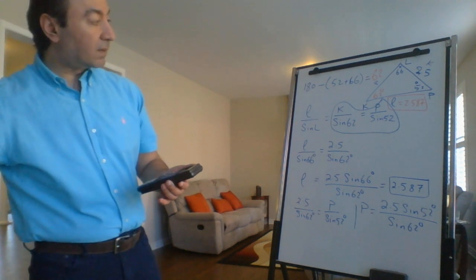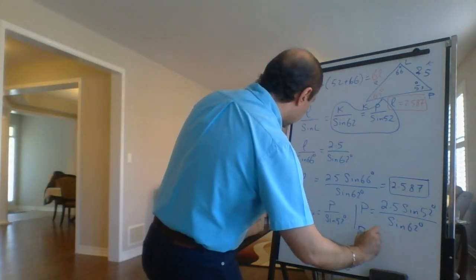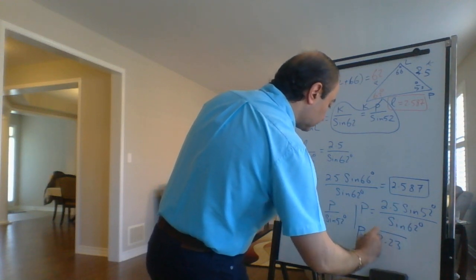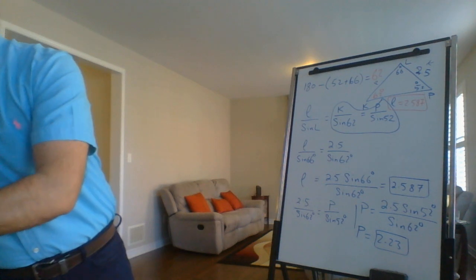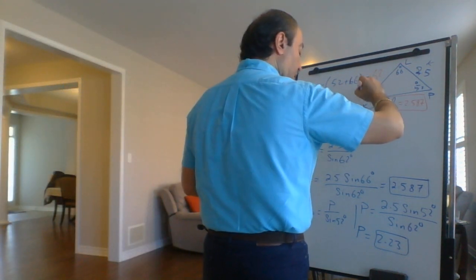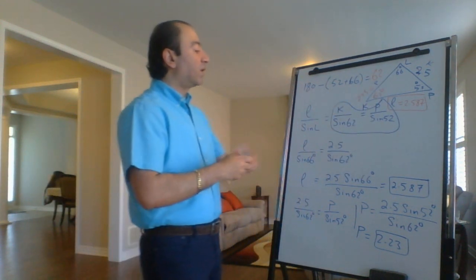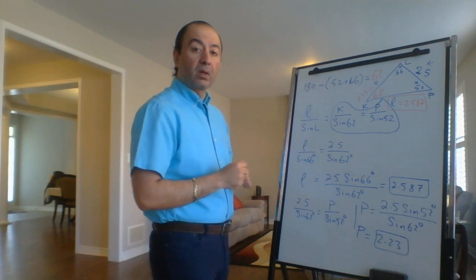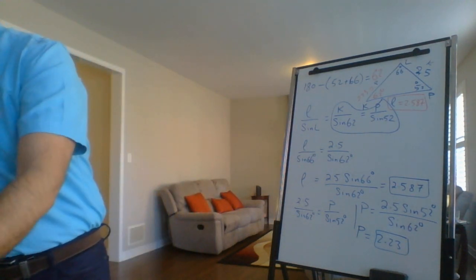We will find that the length of side p equals 2.23. So now we know that this is 2.23, and we have solved the triangle. We found everything we need to find. Okay? I want to give you another example.